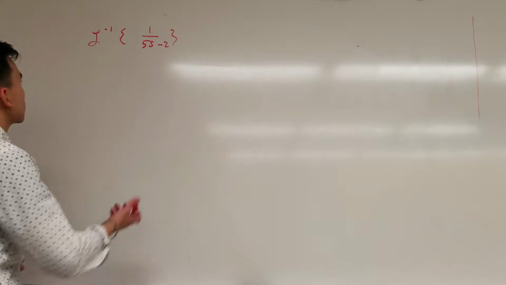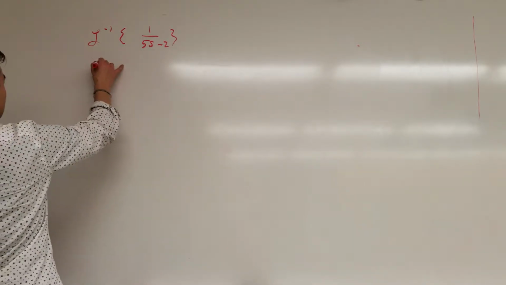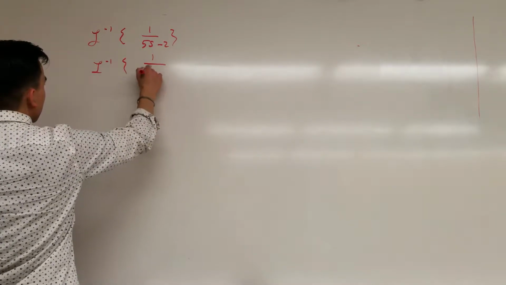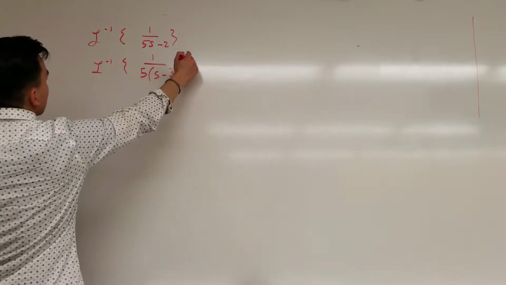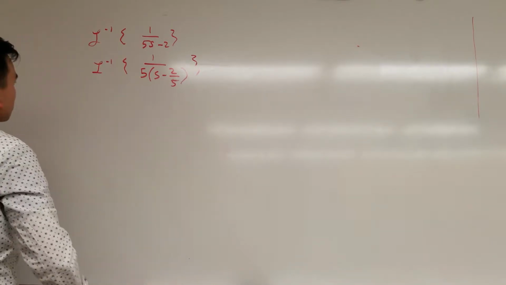So what I'm going to do is pull out a 5. All right, see if it makes it look nicer. So if I factor out a 5, I get s minus 2 over 5. All right.